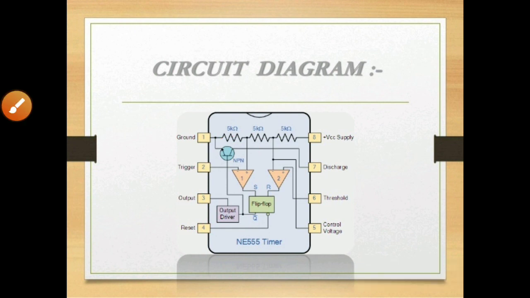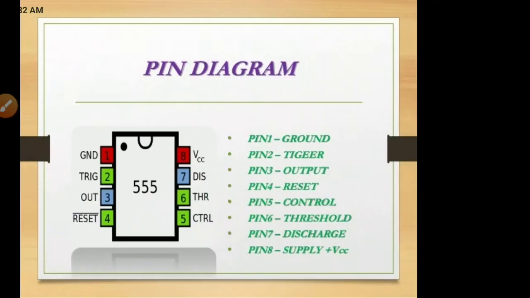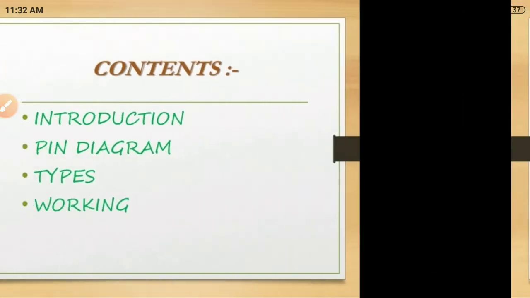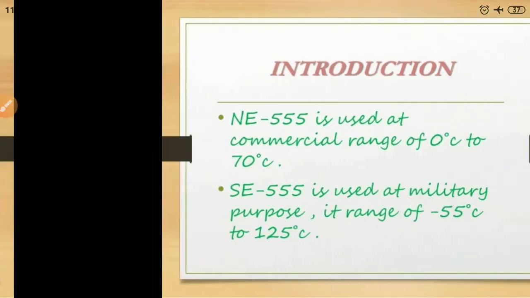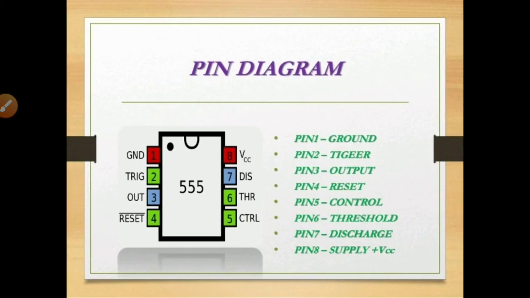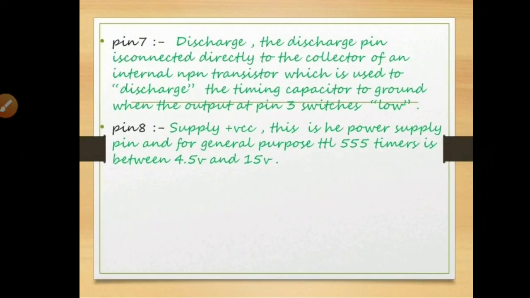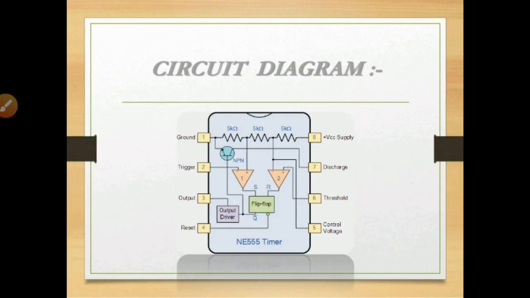So this is about the pin configuration of the 555 timer. In the previous part we discussed the introduction to the 555 timer, what exactly a 555 timer is, the different types of 555 timer, NE and SE 555, the pin configuration and the function of each pin. And we also discussed the internal architecture.